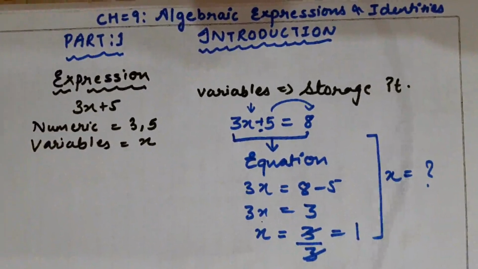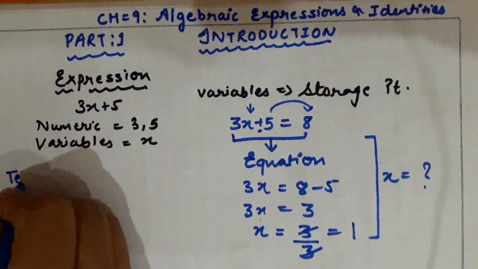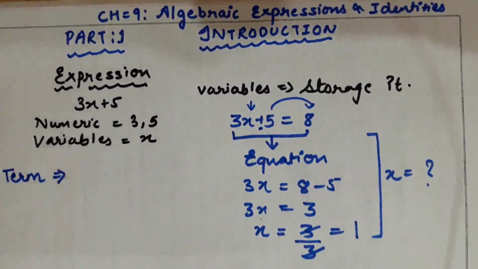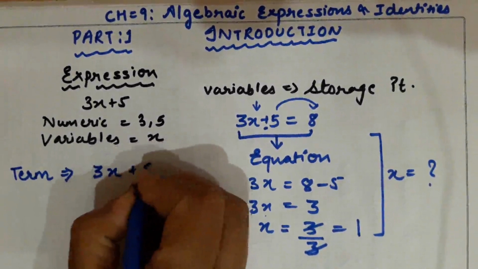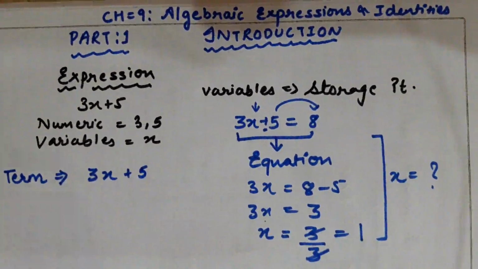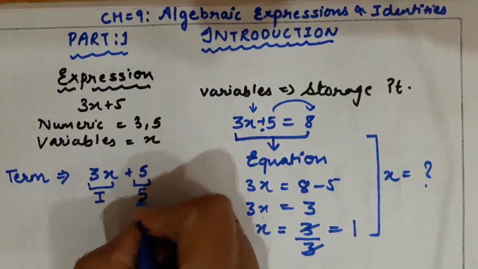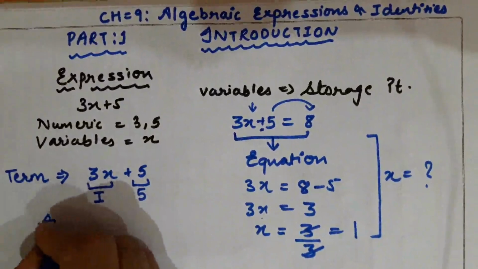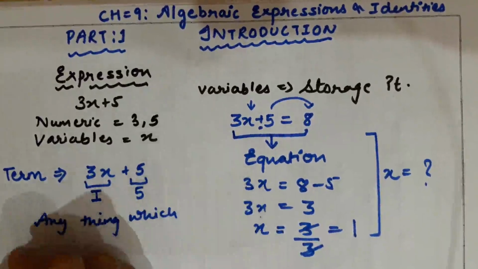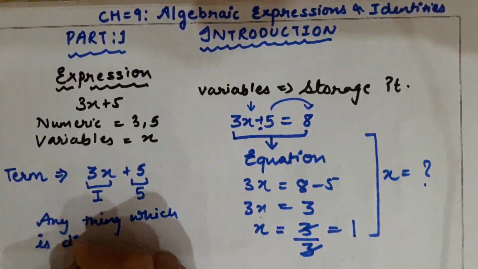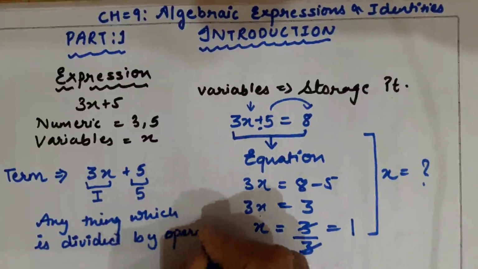Now children, let's discuss the word term. Now what are terms? See, if we are talking about 3x plus 5, in this we have two terms. First term is 3x and second term is 5. So we can say that anything which is divided by operators is called a term.